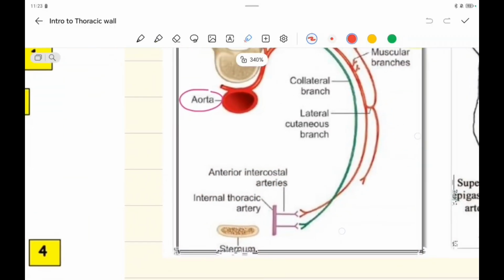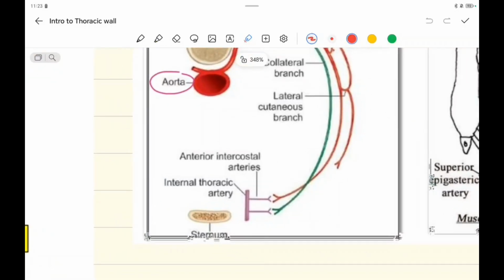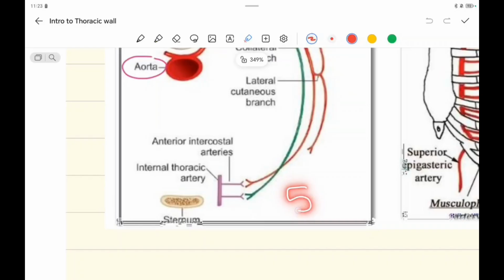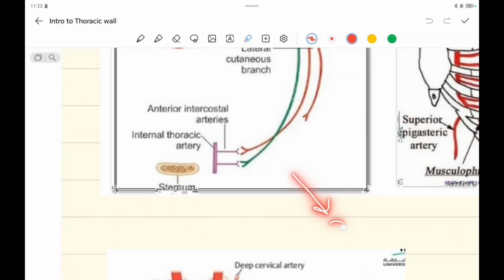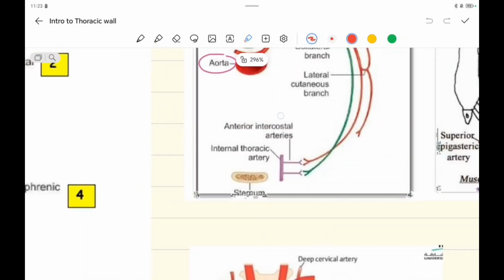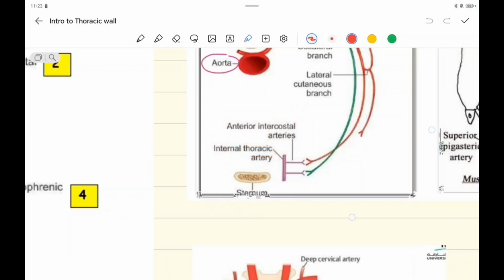Anterior intercostal arteries, they supply the intercostal spaces. How many intercostal spaces do I have? I have 11. The first 6 are supplied in this way. Anterior intercostal artery coming from internal thoracic artery. But what about the remaining 5? 3 of them have a blood supply, and 2 of them actually do not have anterior intercostal arteries. So the 3 that do have anterior intercostal arteries, but they are not coming from internal thoracic, where are they coming from?